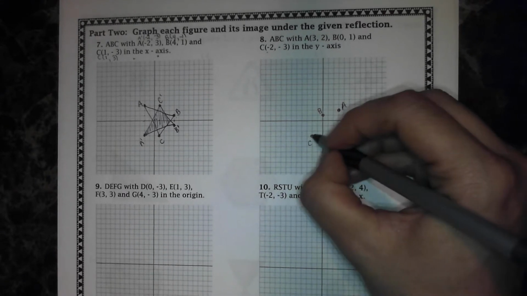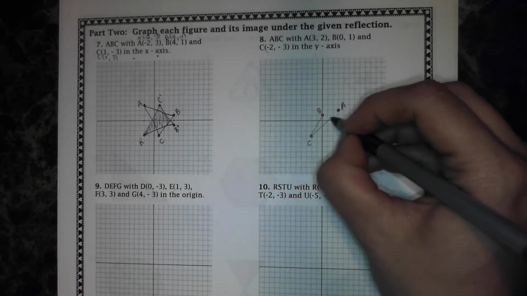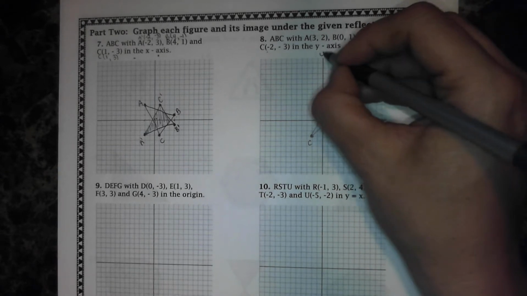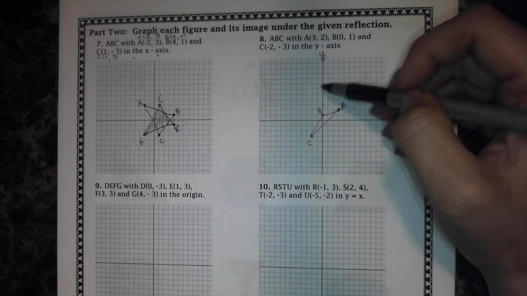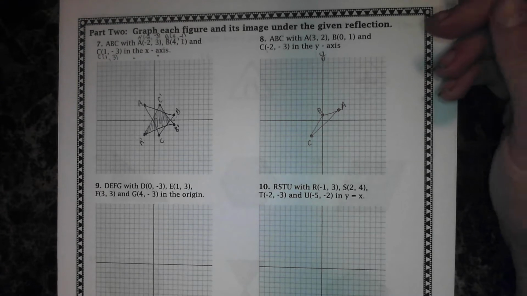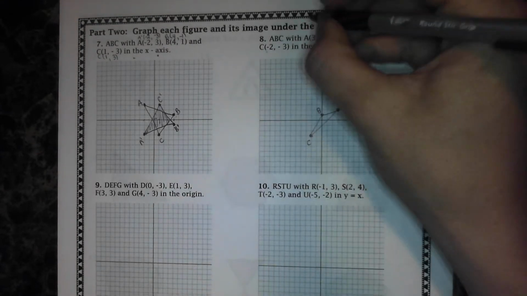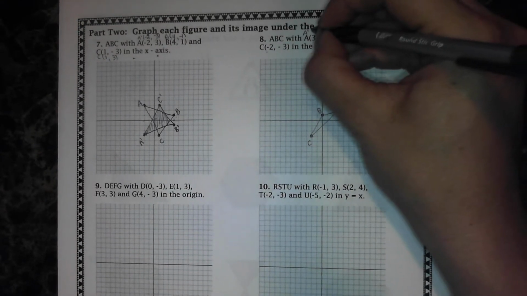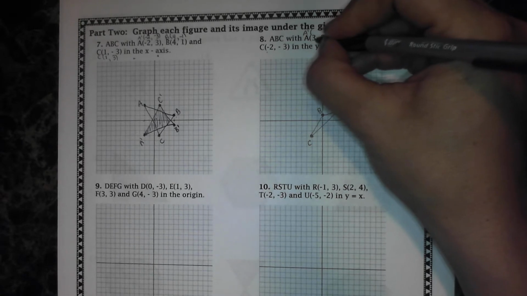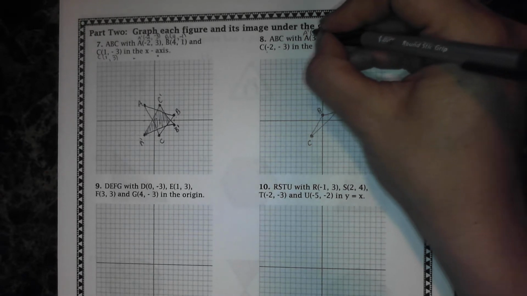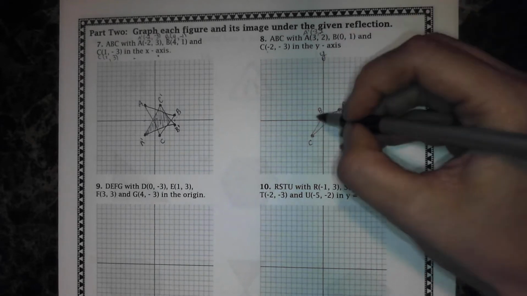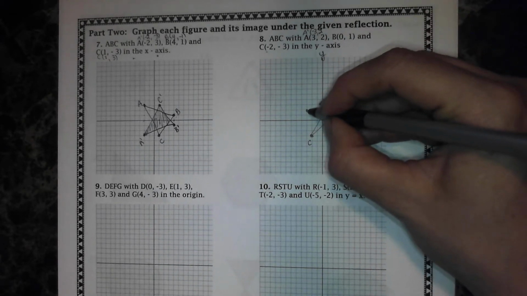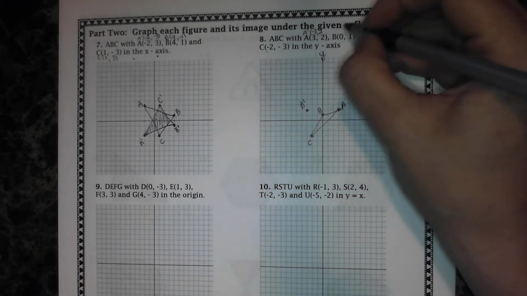That would be C. And now we're going through the y-axis right here. So for the y-axis, the y remains the same and the x changes. So this would be 3 and 2. So this would be A prime.